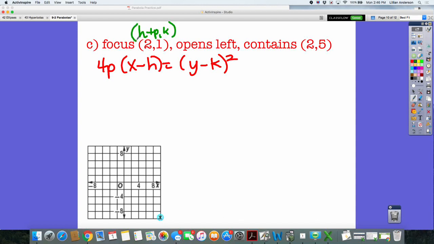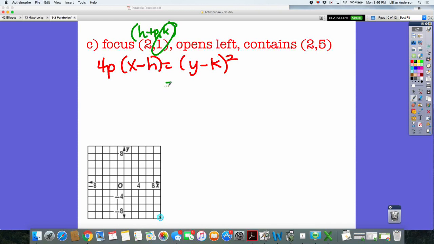Everybody see that right there? Because the focus is the formula (h + p, k), we know the y-coordinate of our vertex. It's 1. It's this number right here. Does everybody see that?